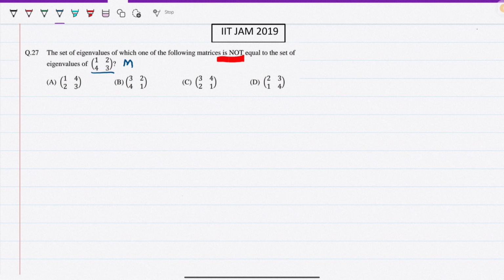So first of all, suppose lambda 1 and lambda 2 are eigenvalues of this particular matrix M, then we know that lambda 1 plus lambda 2 is equal to the trace of M, and that is equal to 1 plus 3, 4 in this case, while the product of the eigenvalues lambda 1 times lambda 2 must be equal to the determinant of M, which is 3 minus 8, that's negative 5.